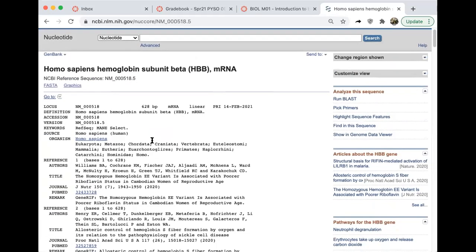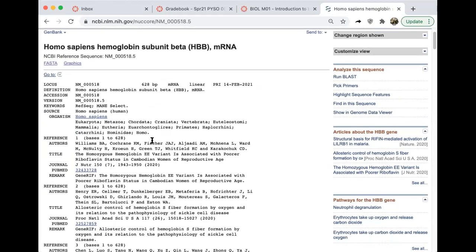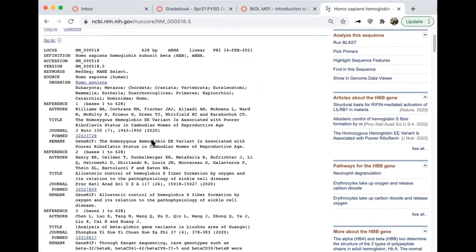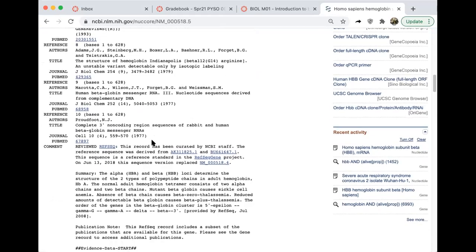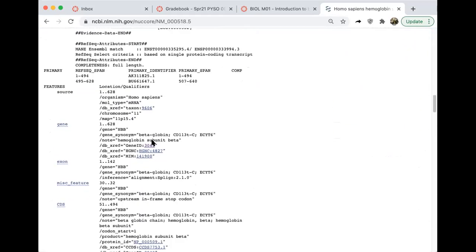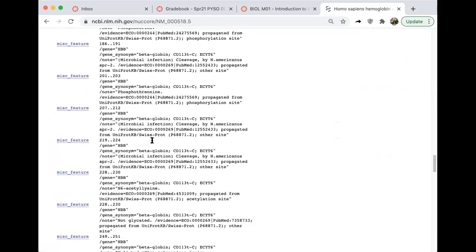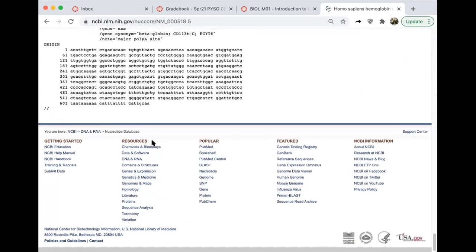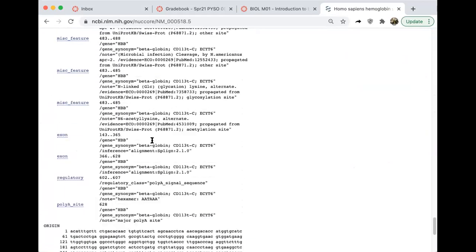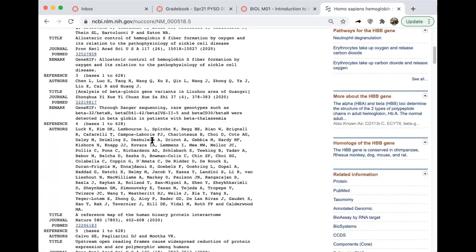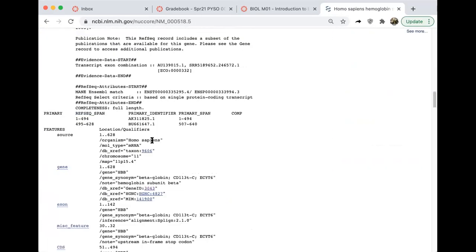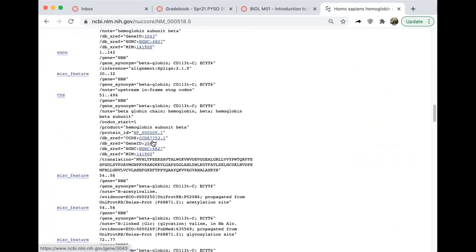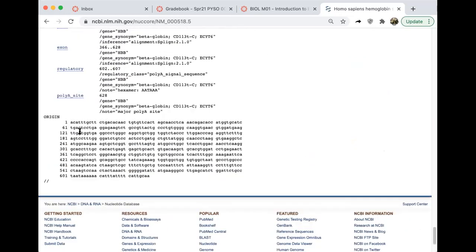Every gene for every species has its own unique page. Think of it like a Facebook for the gene, just not nearly as interactive, no friends list. Not exactly the most user-friendly. But anyways, what we are looking for here is this sequence here.